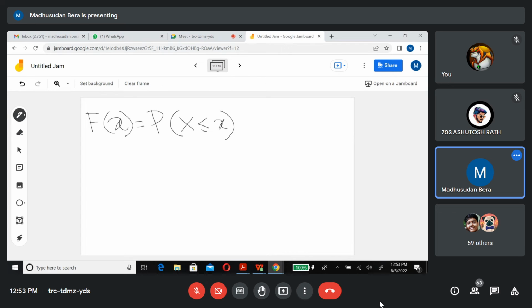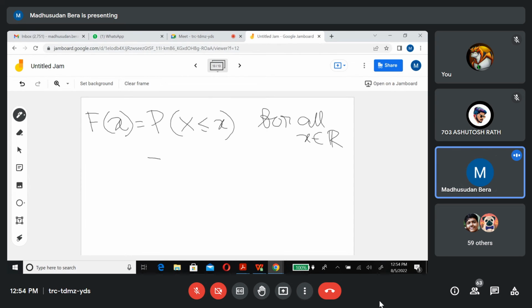So this is defined for every real number, for all x belongs to R.